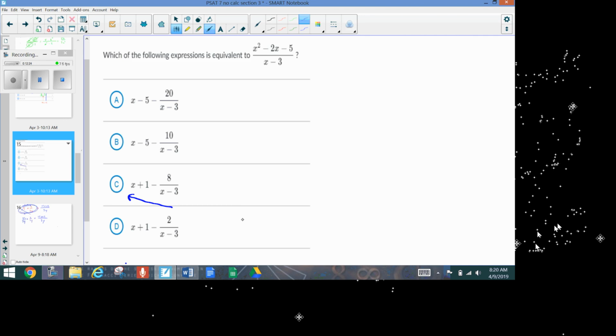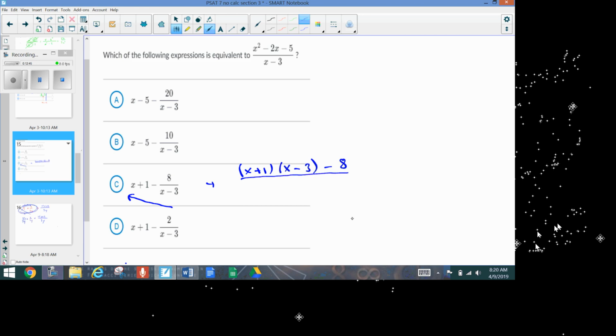X plus 1. Go ahead. X plus 1 times, then add 8, right? Adding, but since it's negative, it's supposed to be negative.